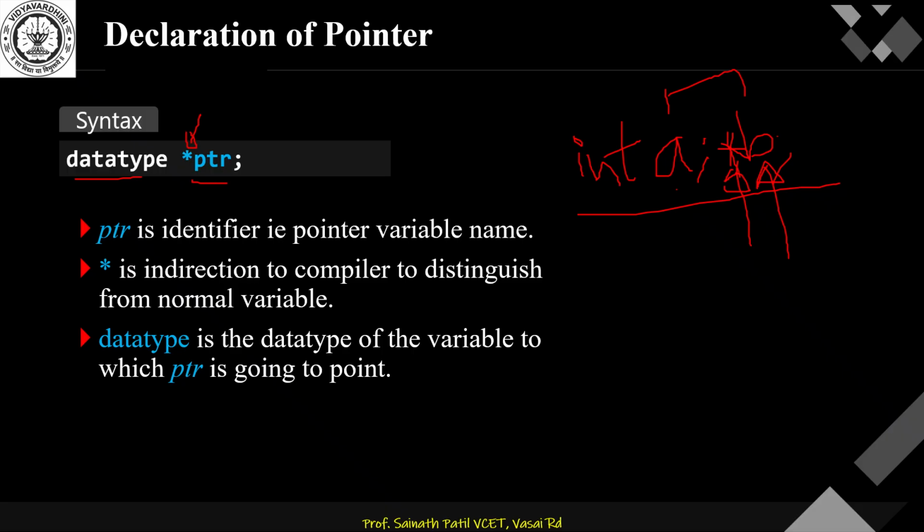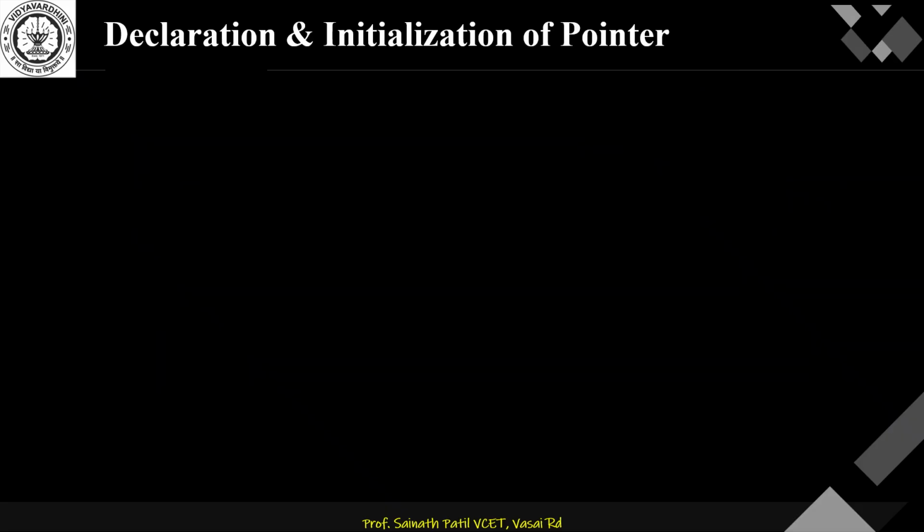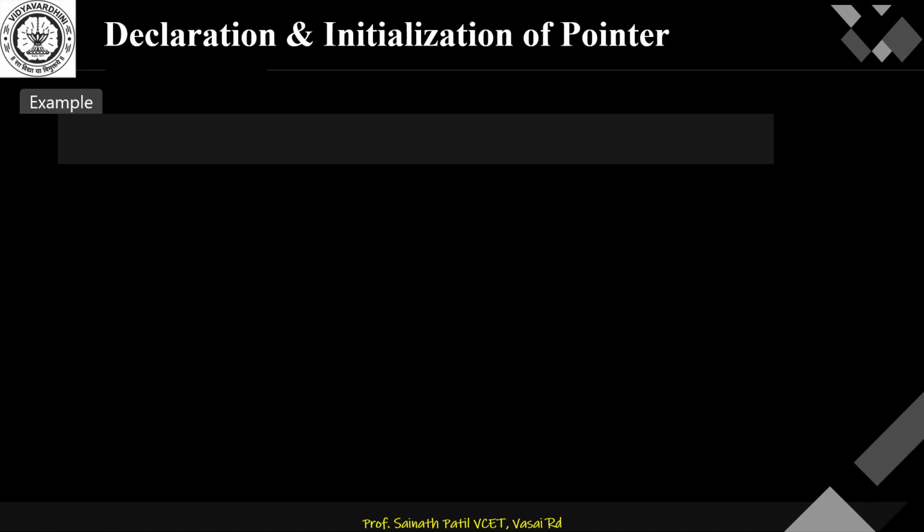Once we declare a pointer variable, we have to assign the address of another variable to it so that it can point to that variable. For example, suppose I declare int a equal to 25, comma, star PTR. Here PTR is not a normal variable, it is a pointer variable because of the star. It is going to point to an integer variable, and I want to make it point to a.